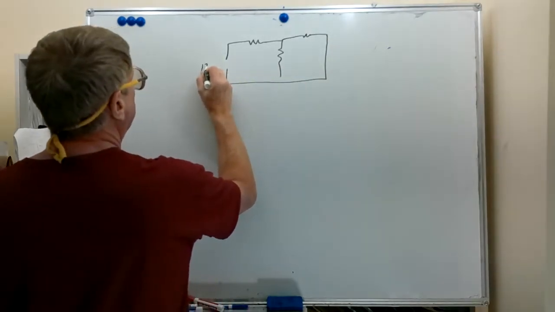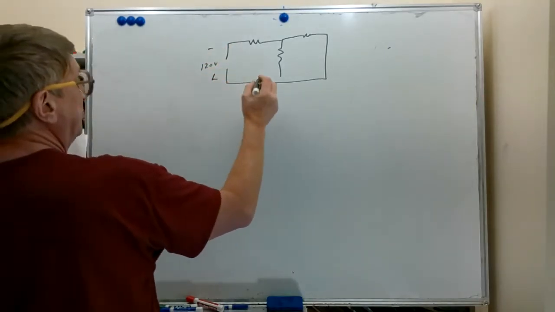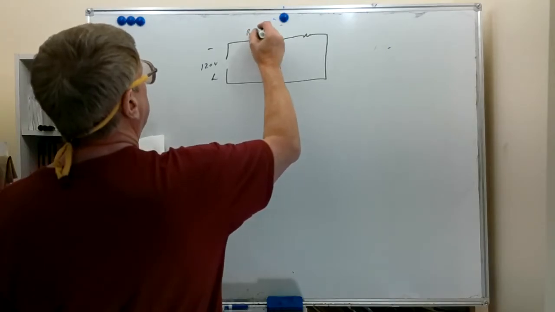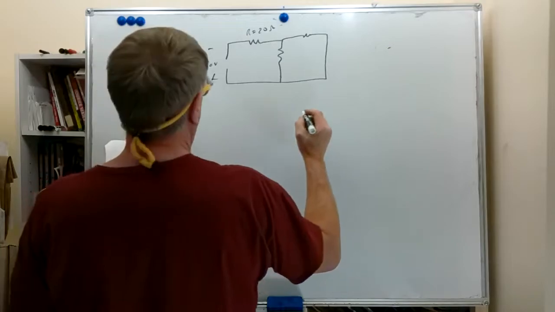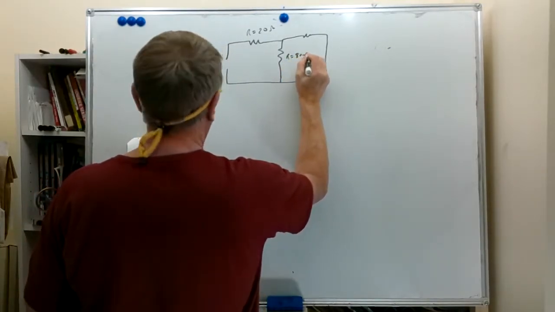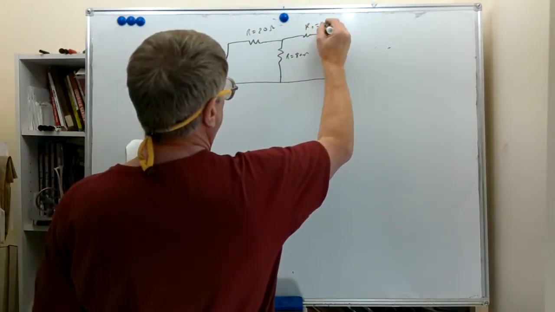We got 120 volts supplied, and this is a DC circuit, minus and plus. We're going to call this R1, that's equal to 20 ohms. R2 is equal to 80 ohms. And R3 is also equal to 80 ohms.